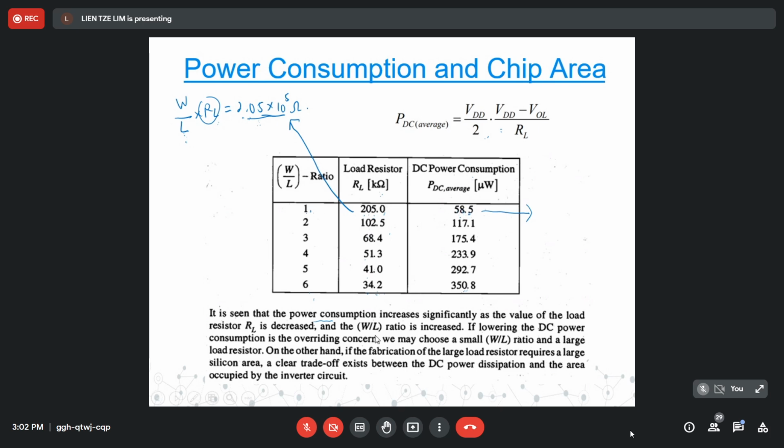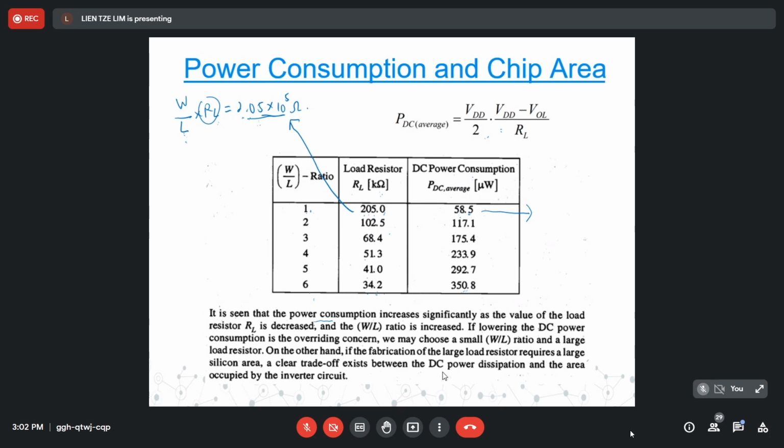On the other hand, if the fabrication of the large load resistor requires a large silicon area, a clear trade-off exists between the DC power dissipation and the area occupied by the inverter circuit.